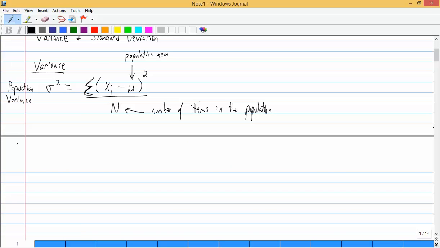Alright, the sample variance is very similar. Alright, and the variable that we use for sample variance is a lowercase s squared.